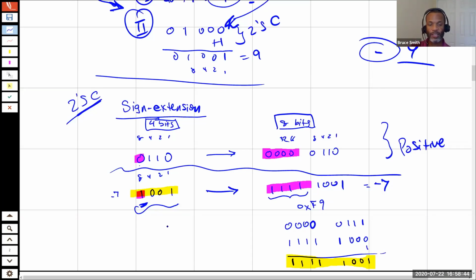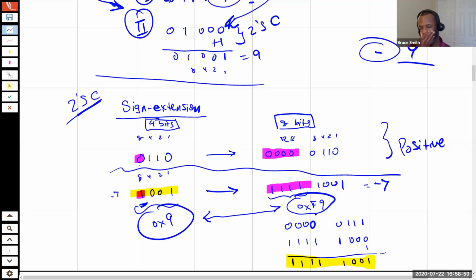And so this is a 9. So when I extend this out, it becomes a hex F9. And if I place this into a hex, it's a 9. So notice that there's another pattern there of putting F's in the front of this to extend this out, because those F's are really just 1s.